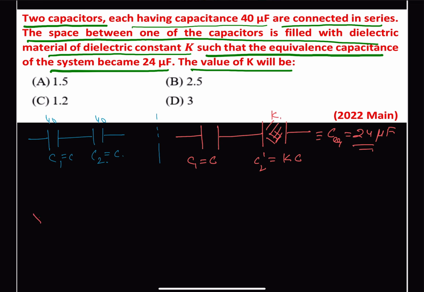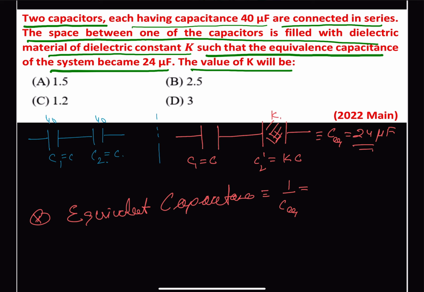So you can say the equivalent capacitance, which is 1 upon C equivalent, will be equal to 1 upon C1 plus 1 upon C2 prime.